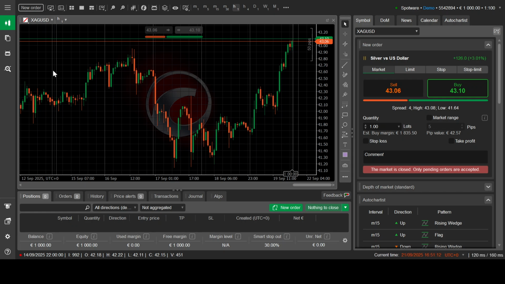The platform's risk management tools are particularly impressive, and you can set multiple stop loss and take profit levels for a single trade position, create trailing stops with sophisticated logic and use advanced order types that help protect your commodity positions during volatile market conditions.